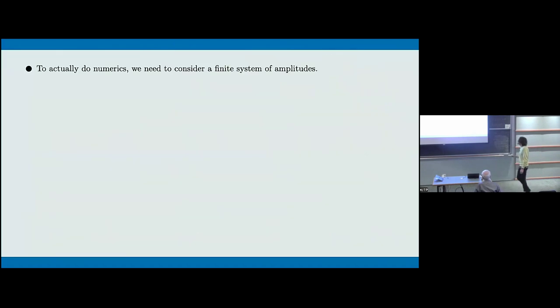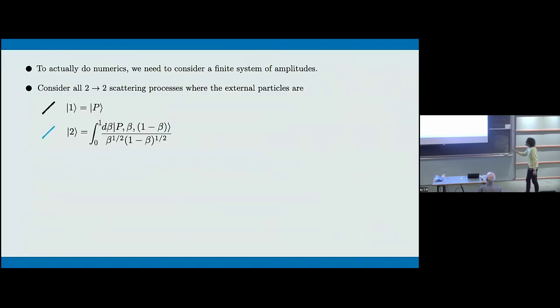Okay. Now, let me discuss some concrete computation. So we'll actually do a numerical bootstrap, so we need to consider some finite system of amplitudes. And so what we'll do is consider the minimal setup where we have the fundamental Goldstone and this simple two-particle jet state, which is this blue line, which is given by integrating this two-particle state against some wave function.